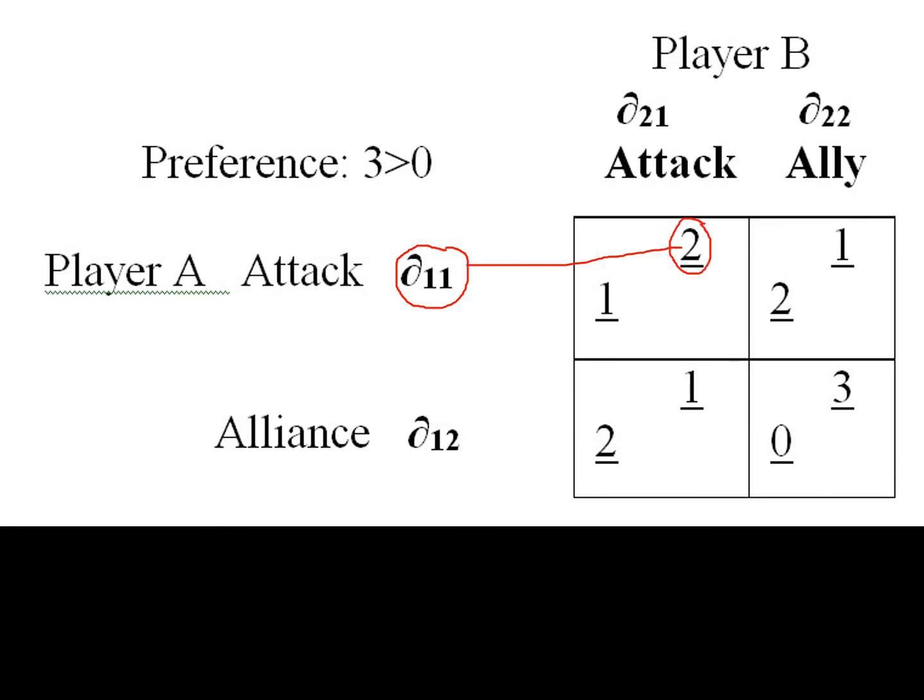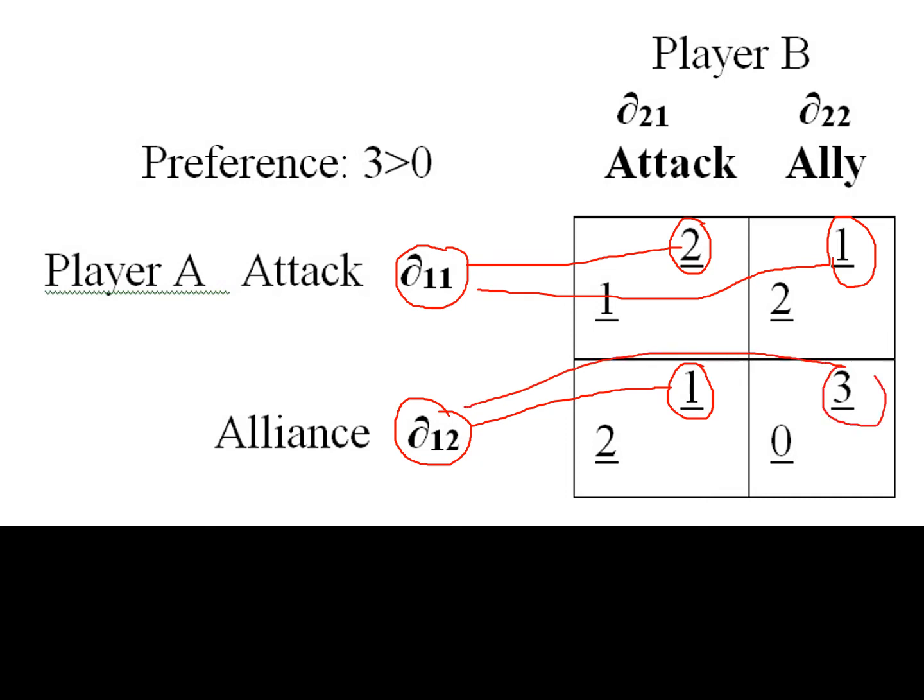So the formula is going to be theta 1,1 times 2, which is the opponent's value, plus theta 1,2 times 1. And we're going to make that equal to theta 1,1 times 1 plus theta 1,2 times 3. And we're going to make those two formulae equal to each other, and then we're going to solve it algebraically.